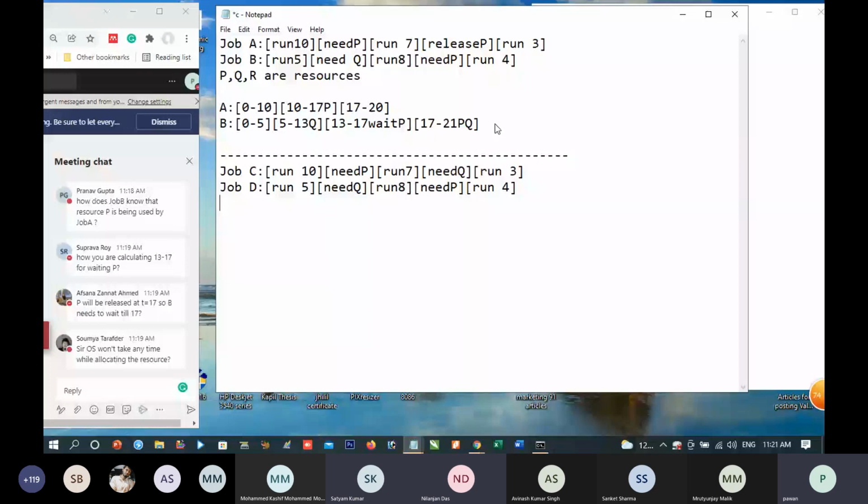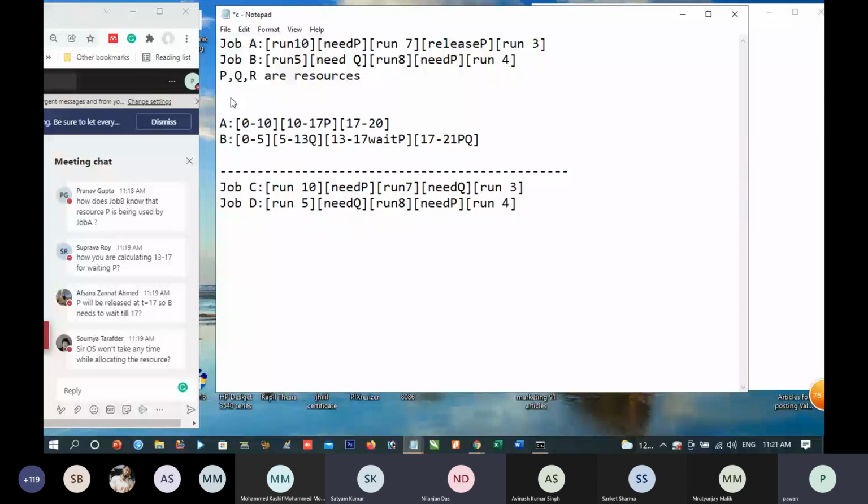The trace for A and B was shown. Now you show the trace for C and D. Show the trace for C and D. Is it correct? Yes. Show the trace.